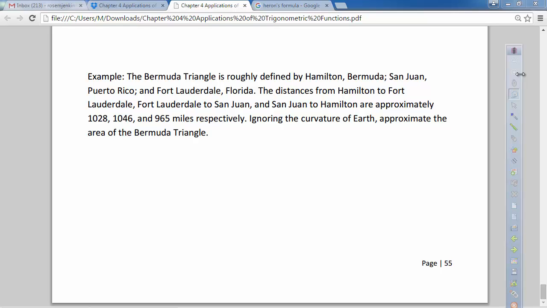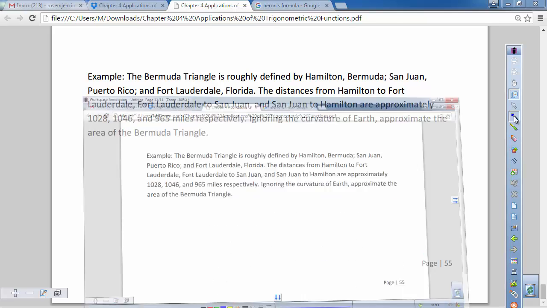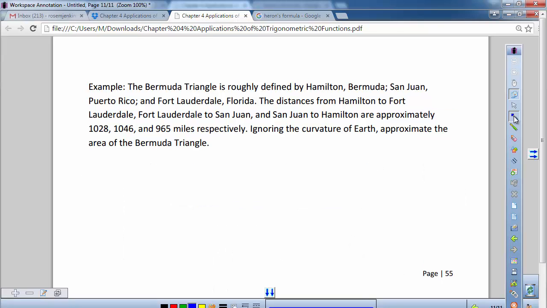The distances from Hamilton to Fort Lauderdale to San Juan, and San Juan to Hamilton are approximately 1,028, 1,046, and 965 miles, respectively. Ignoring the curvature of Earth, approximate the area of the Bermuda Triangle. In this example, we've got the lengths of three sides of this triangle, and we're trying to find the area, so we're going to use Heron's formula.